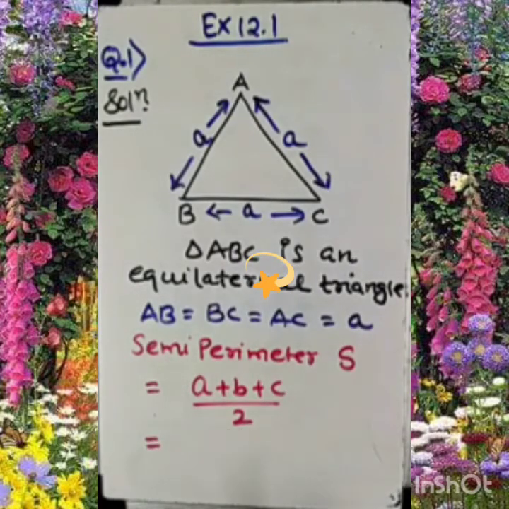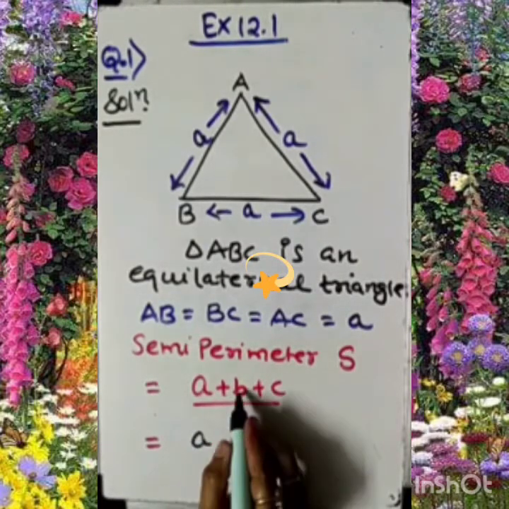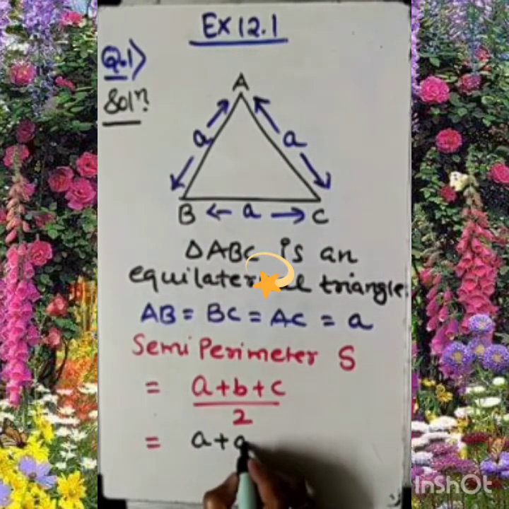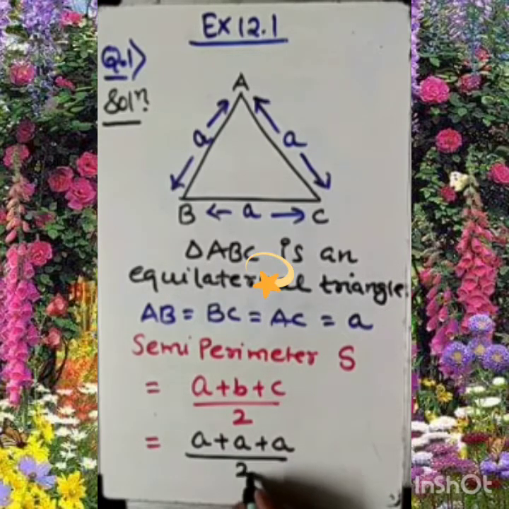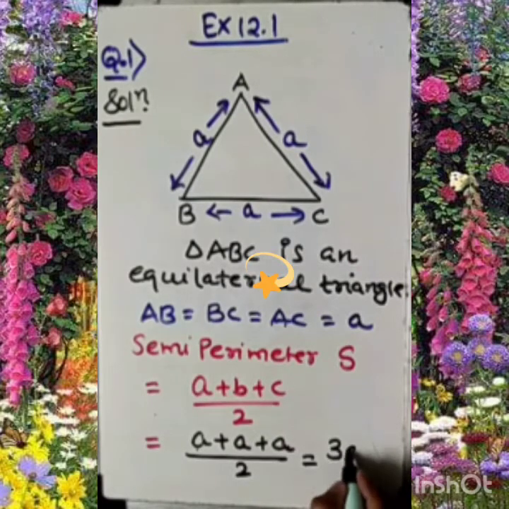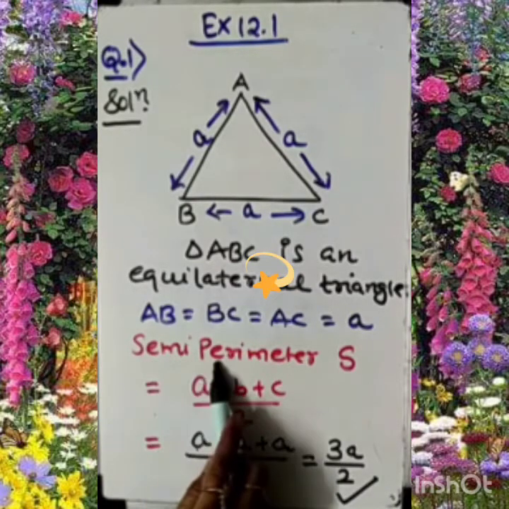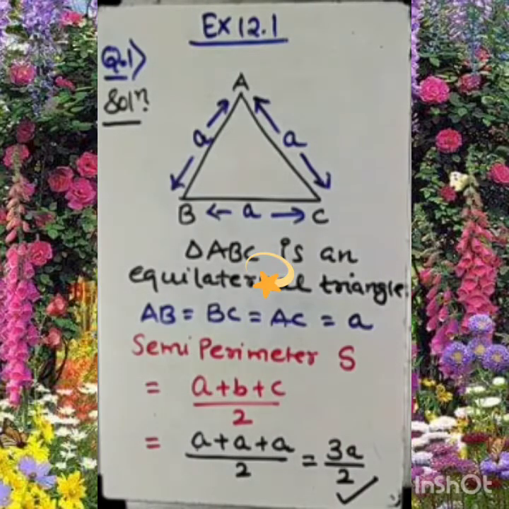And as you know that all three sides are equal, in place of b I can write a, in place of c also a. So a plus a plus a, that is 3a divided by 2. This is the semi-perimeter.